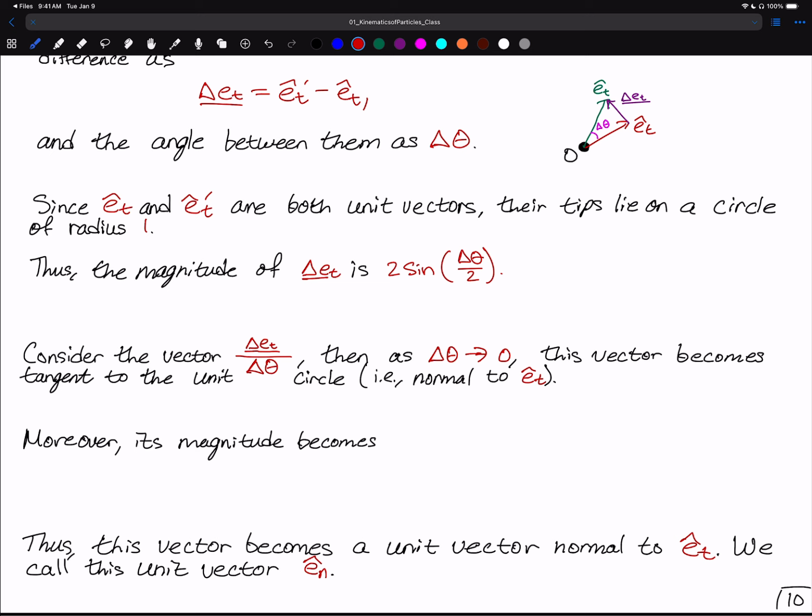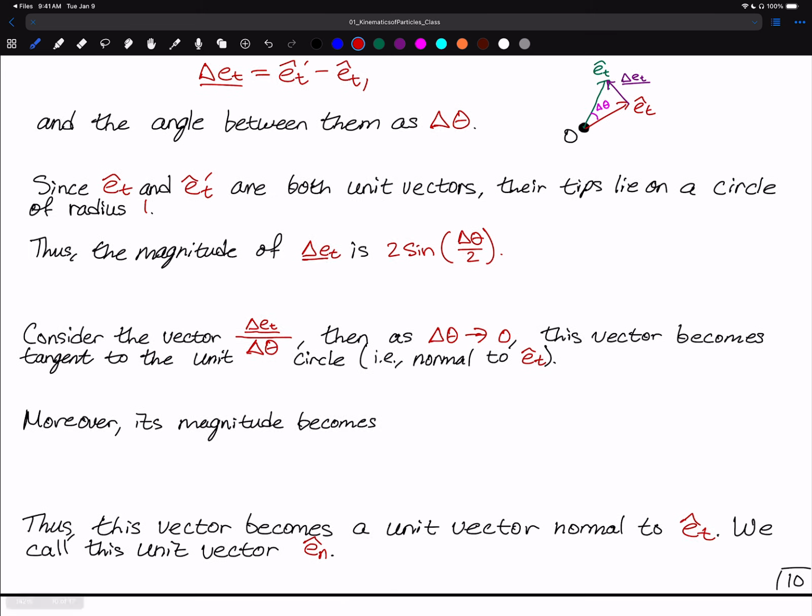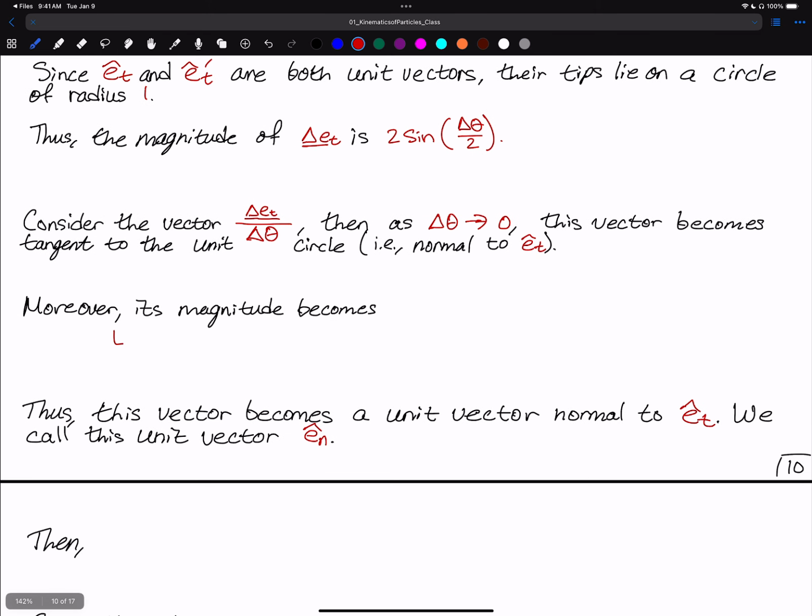We'll find that this vector becomes tangent to the unit circle, which means that it's normal to E hat T. Moreover, its magnitude becomes the limit as delta theta goes to 0 of 2 times the sine of delta theta over 2, divided by delta theta.